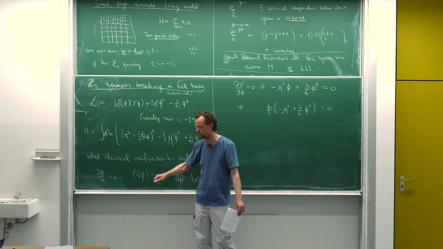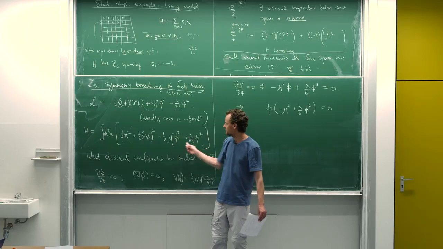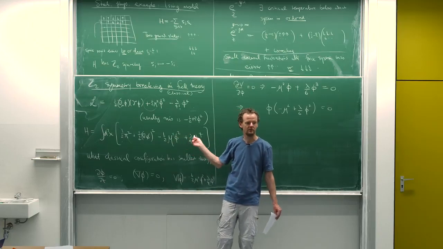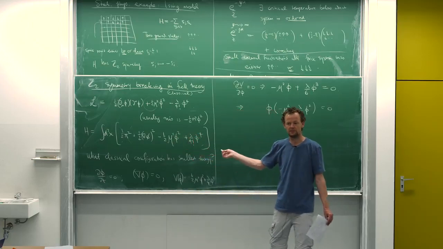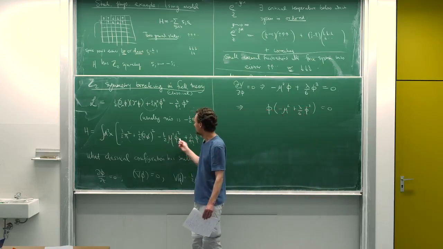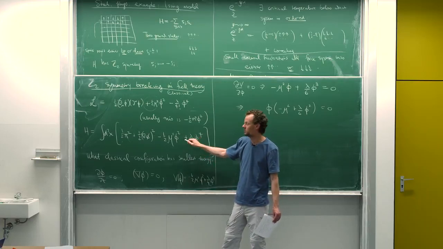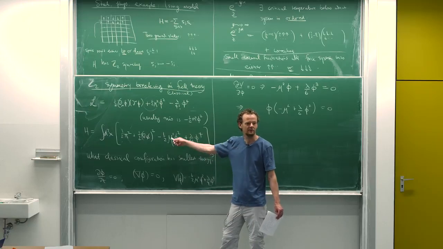So when the gradient's not 0, that means the field is moving, is fluctuating. And this thing here is just a function of the field itself at every point in space. Not space-time, but space. And this thing doesn't care about the fluctuations whatsoever. So there'll be points where this function is higher and points where this function is lower.